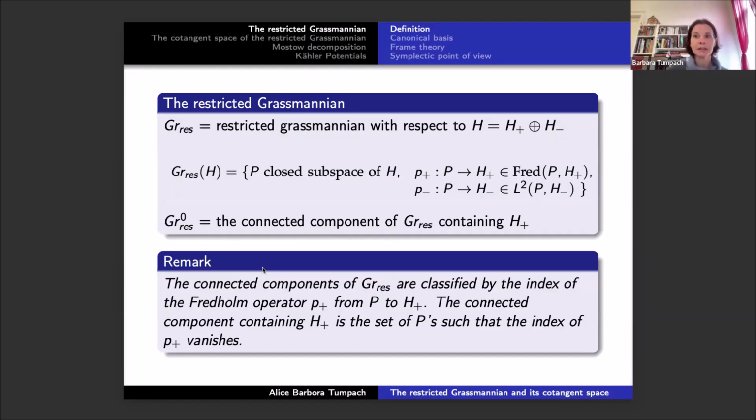There are infinitely many connected components of the restricted Grassmannian, which are indexed by the index of the Fredholm operator P plus from a given space to H plus. So to know if P is in the same connected component as H plus, we have to look at the index of this orthogonal projection P plus restricted to P.